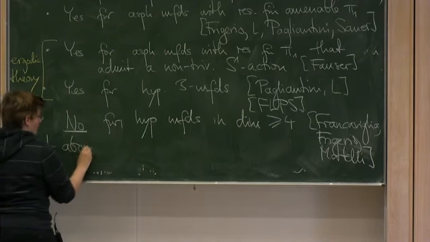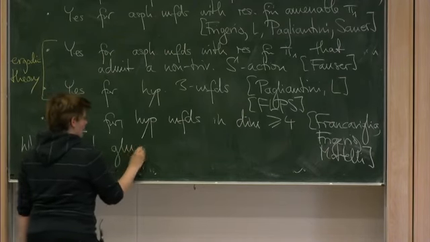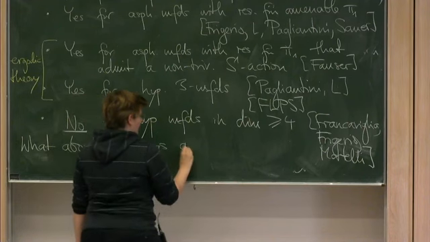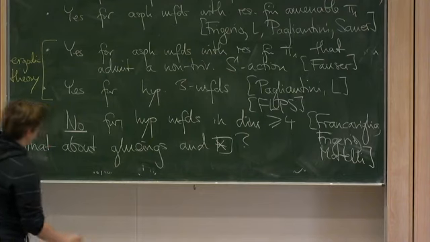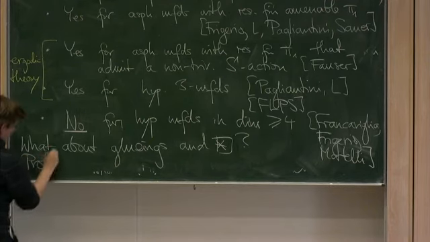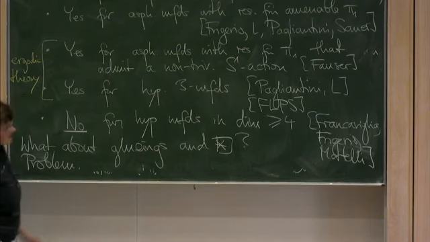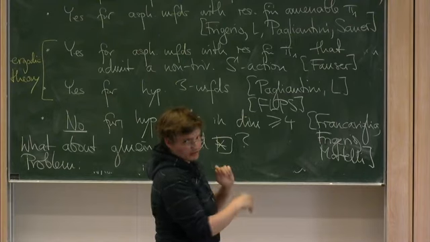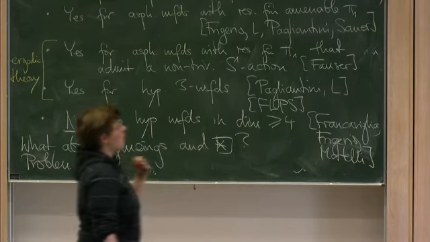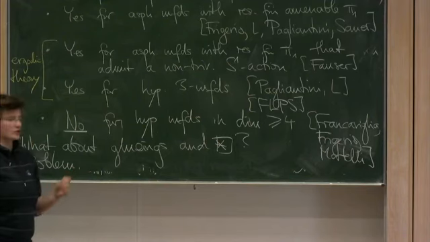So we want to know, what about gluings and this question star? And the main problem is that in this integral setting, I mean, this is all kind of integral, we always have some version of integral coefficients there. There is no good replacement for bounded cohomology, right?